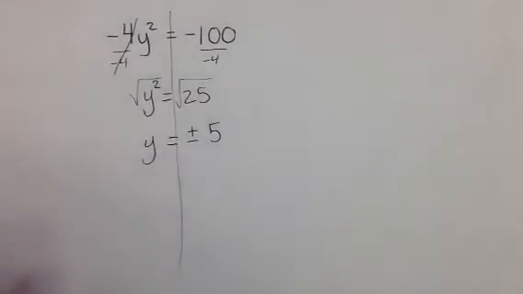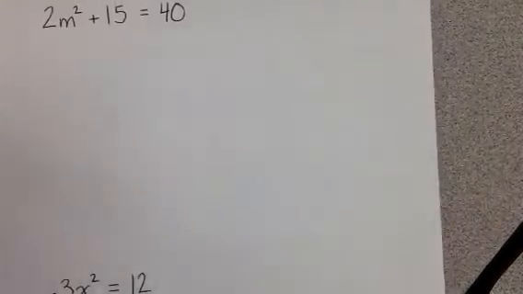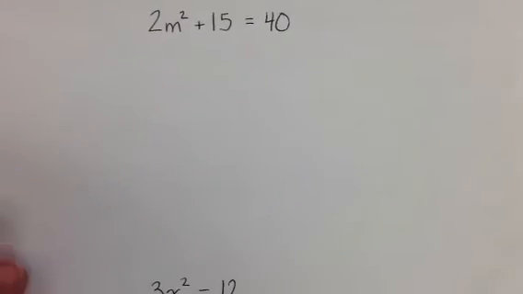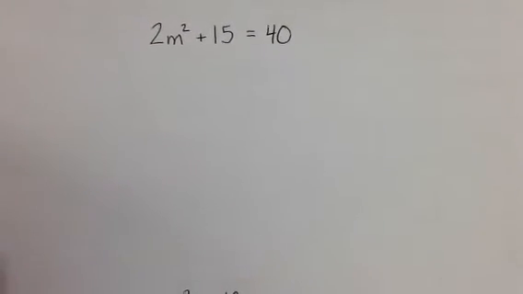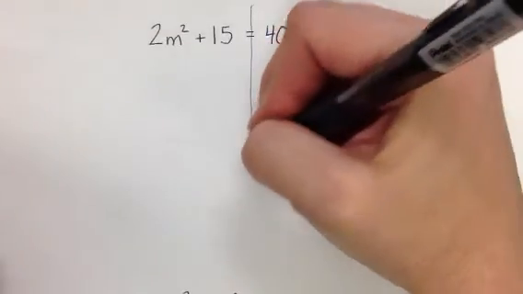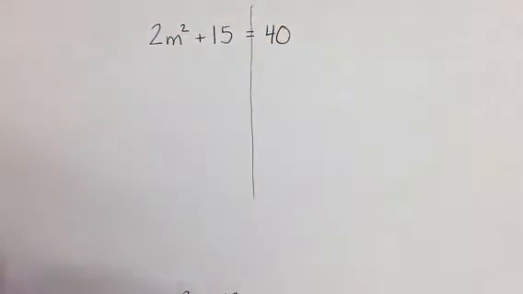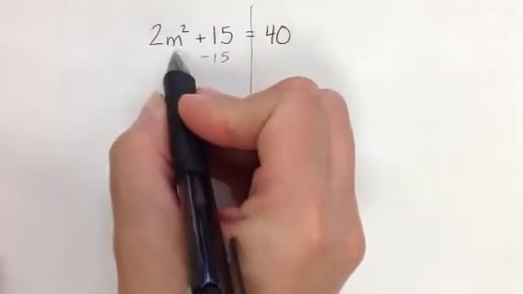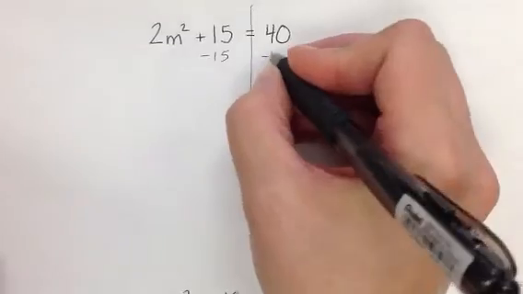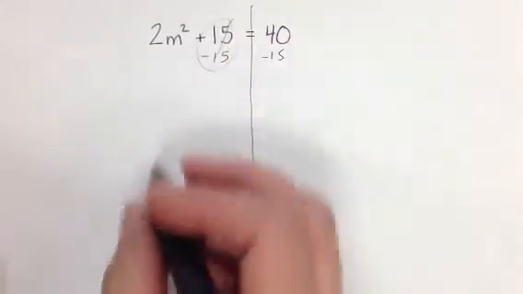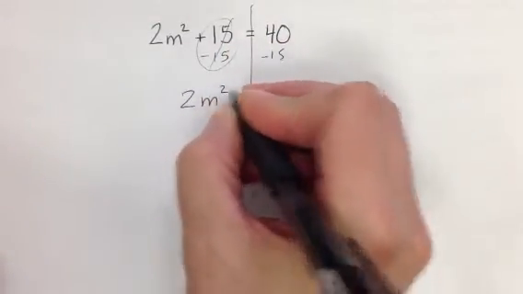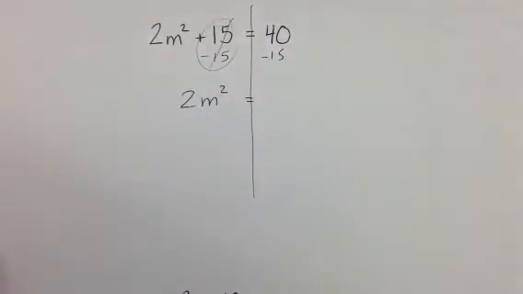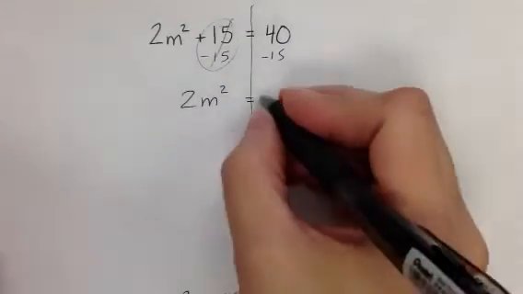Okay, let's do another one. Each time I'm just adding another step in here. How about this one? What do you think you'll do first? You've got to get m alone. Right, the first thing I want to do is get the m term, the variable term, alone. So I have 2m squared equals 40 minus 15, which is 25.